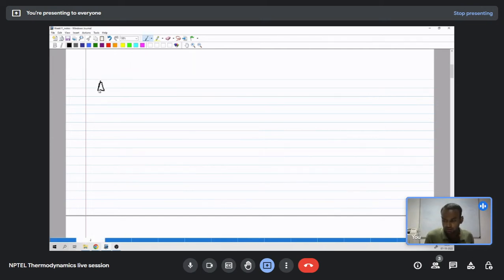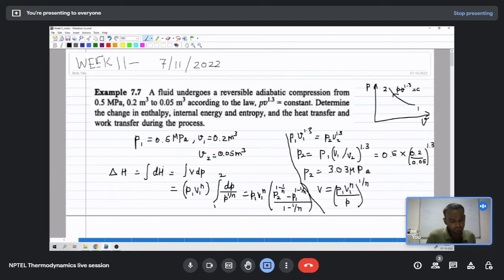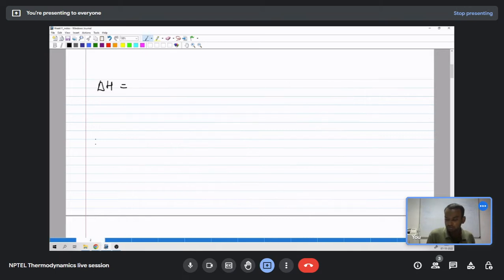Now writing the expression again, 1 minus 1 by n is n minus 1 by n. Solving this, we will get n by n minus 1 into P2 V2 minus P1 V1. So this is the enthalpy change.